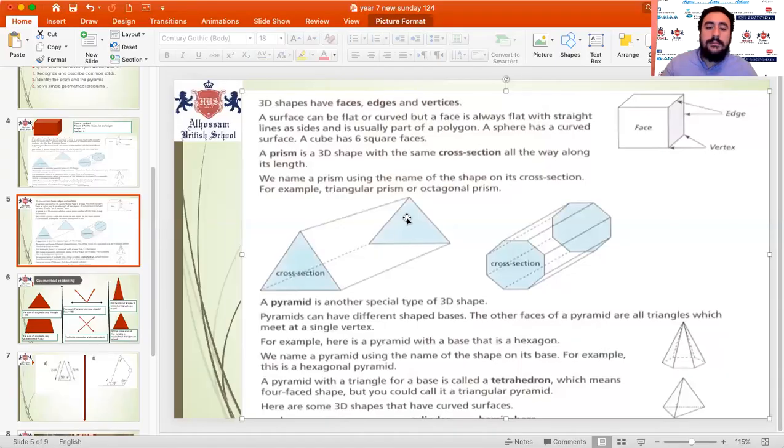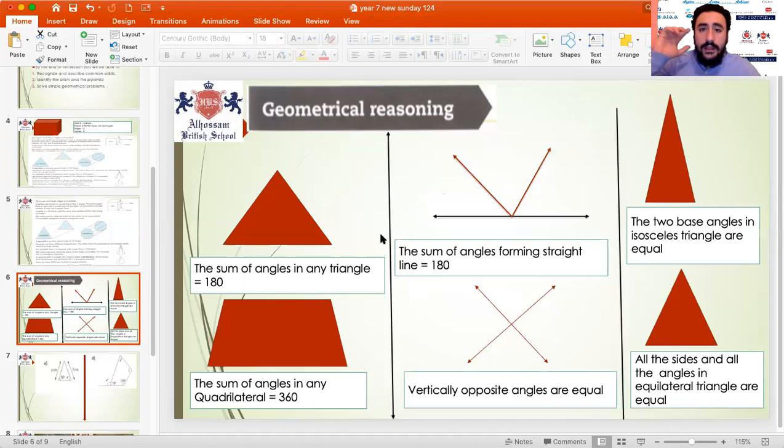So we talked about prism, pyramid, the cube, cuboid, sphere, hemisphere, and we talked about how to identify the edges, the vertices and the faces.